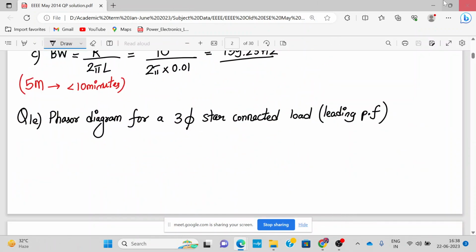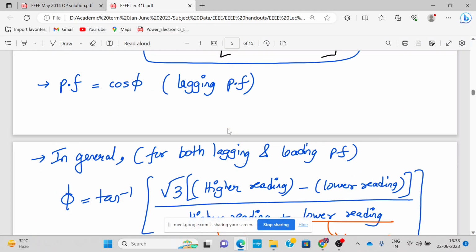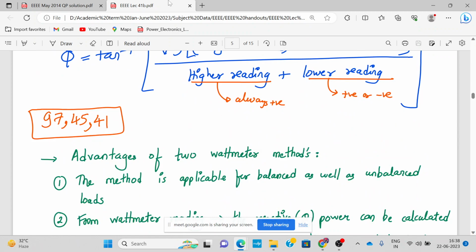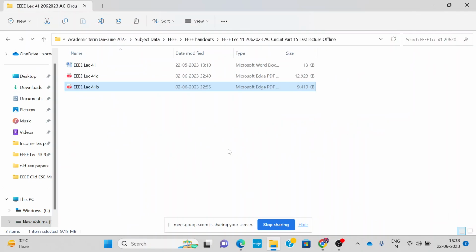Sir, if we are talking about phasor representation, that lecture was lecture number 31, because there it is written phasor representation, rectangular and polar form. No, no, we're talking about the phasor diagram, which is different.